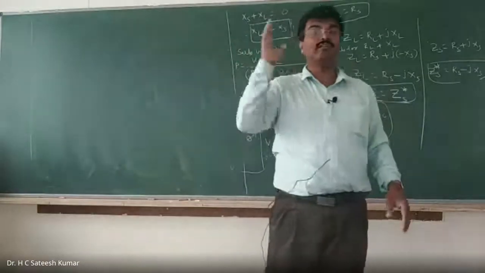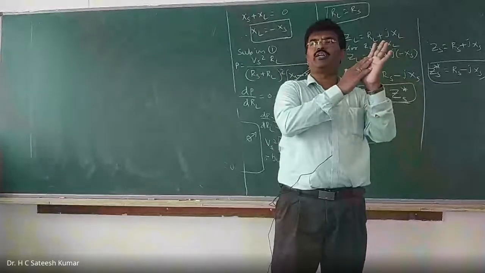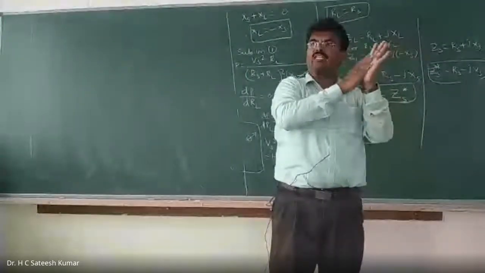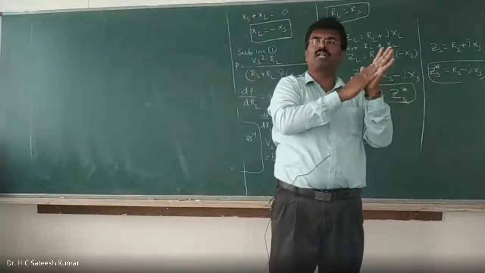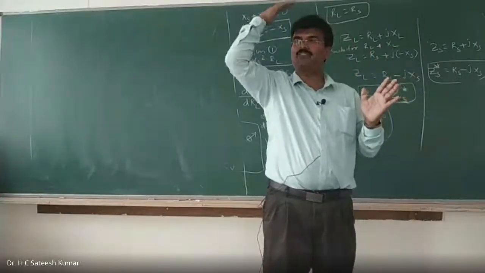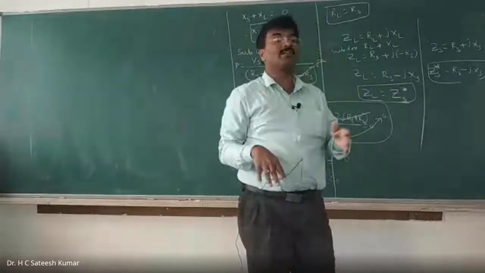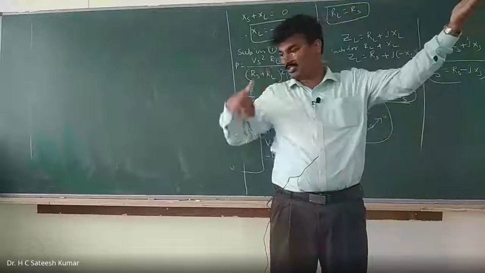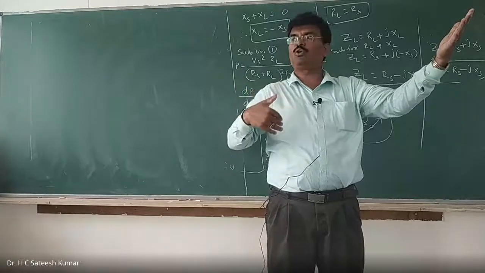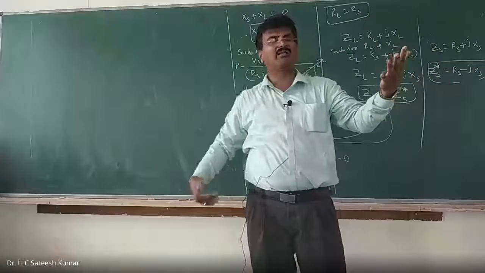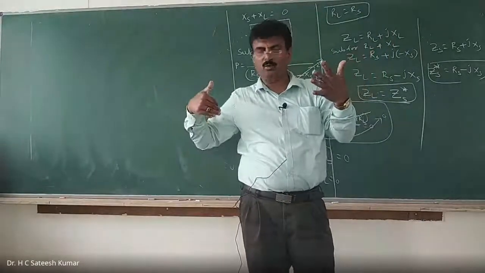Not only that, in the 6th semester you are going to study an antenna subject. An antenna is the one which radiates the signal into space. Maximum power will be transferred from the source, your antenna, to the load, which is space, when the impedance of the space is matching with the impedance of the antenna. Similarly, when you are receiving the signal from space, there will be a receiving antenna. Maximum power will be transferred from space to your receiver when the impedance of the space is matching with the impedance of the receiving antenna.